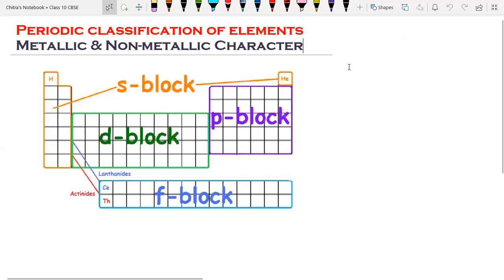First we have to understand what is metallic and non-metallic character. First we are going to understand the metallic character. So I'm writing here, metallic character.